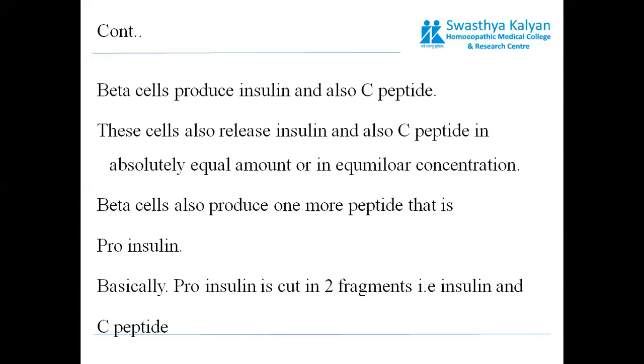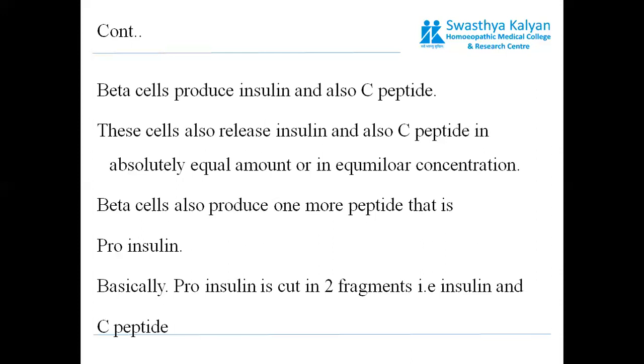But one more thing, beta cells also produce one more peptide. Besides C-peptide and insulin, the beta cell produces another peptide, and that is proinsulin.